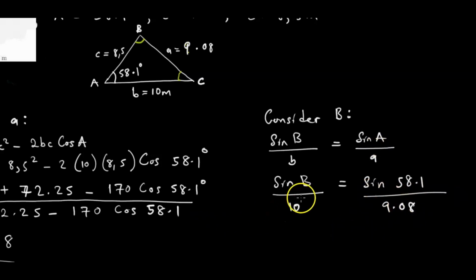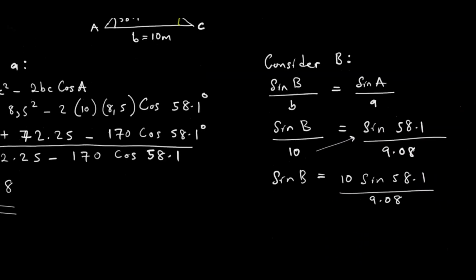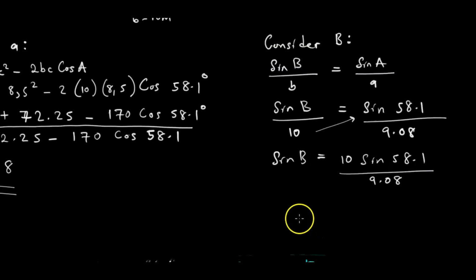What it means pano is we then have to put 10 uko, sorry. So sine B is equal to 10, behind ukune cross multiplication, 10 sine of 58.1 over 9.08. Then tadaro much. We can then solve side kuno.